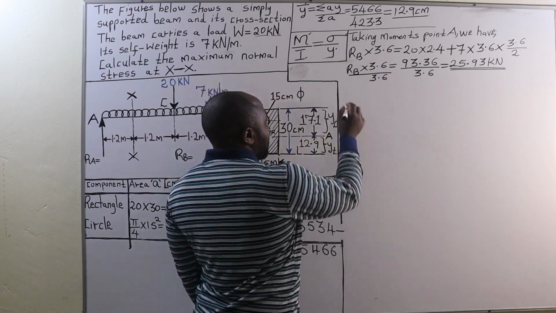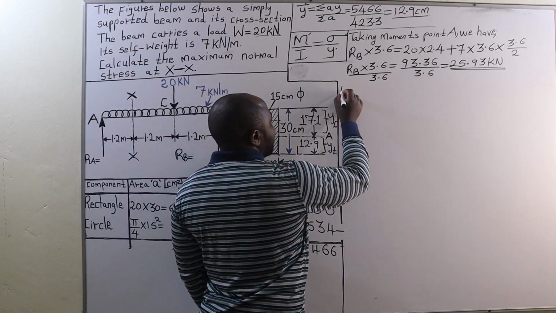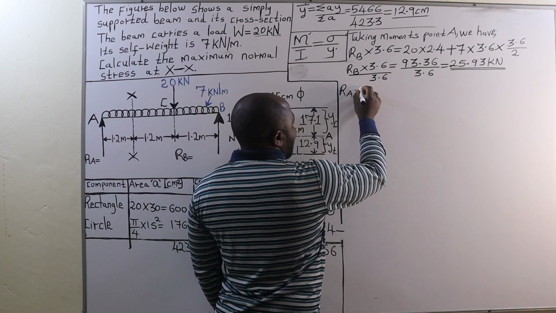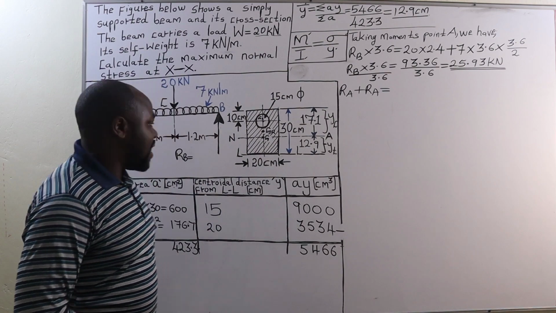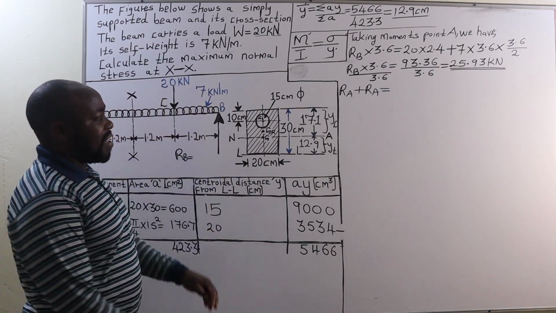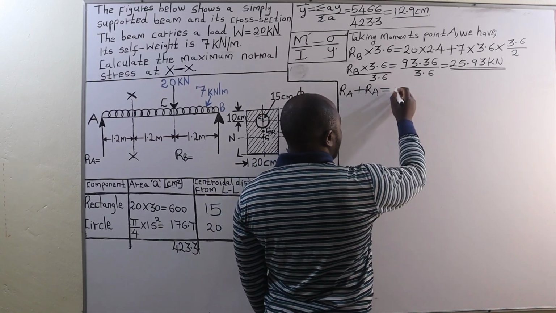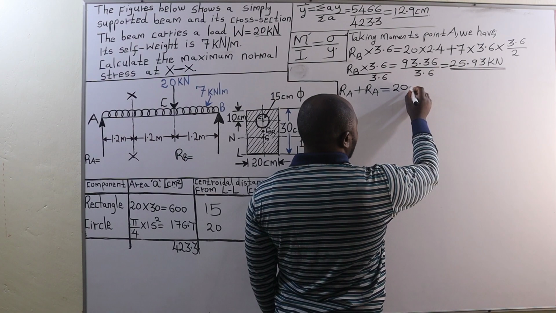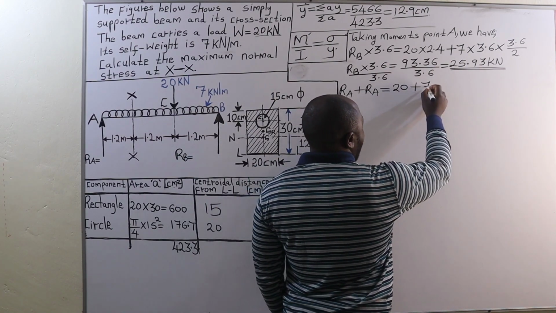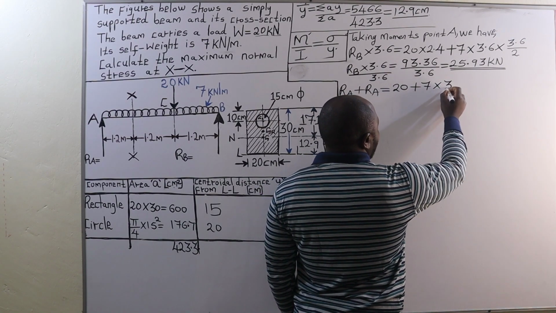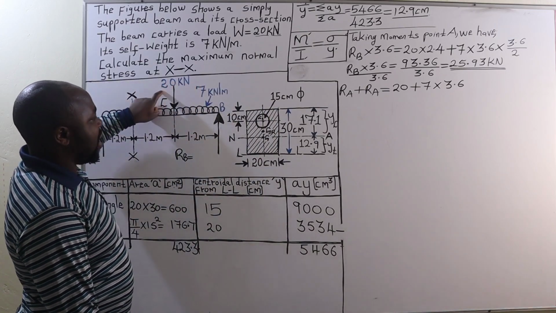On the other hand, for the reaction at point A, we are going to apply: reaction at A plus reaction at B is equal to, in other words, the sum of upward forces must be equal to the sum of downward acting forces. So we are going to have the sum of downward forces. We have a point load of 20 kilonewtons plus the UDL of 7 kilonewtons per meter, so 7 kilonewtons times a span of 3.6 to convert the UDL to a point load.